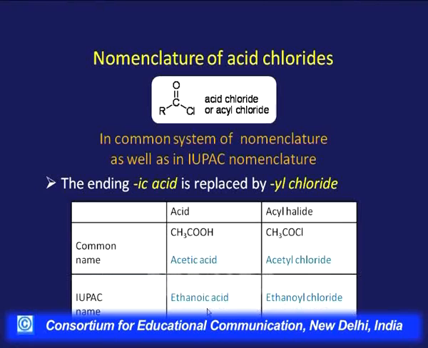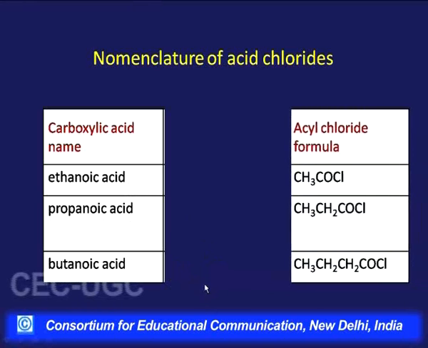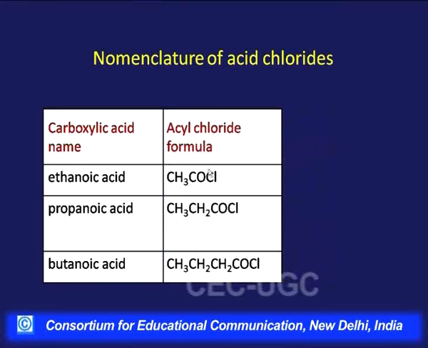Since the IUPAC name for all the acids ends in oic acid, the name of the acid halide will be oyl halide. For chlorides it will be oyl chloride. Let us take some more examples: ethanoic acid, propanoic acid, butanoic acid. When the OH of these acids is substituted by Cl, the acid chlorides that we get have these formulas: CH3COCl from ethanoic acid, CH3CH2COCl from propanoic acid, and CH3CH2CH2COCl from butanoic acid.